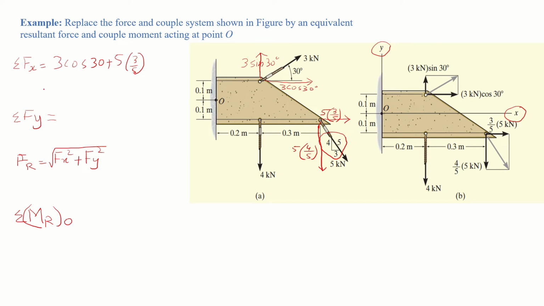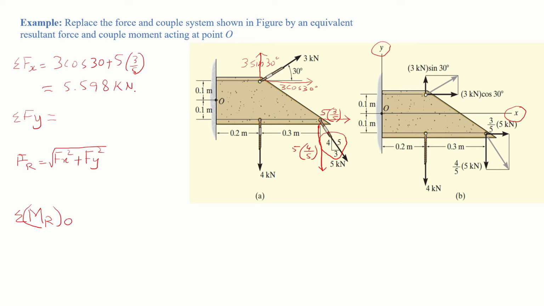Then we sum up these two forces to find the sum of forces in the x direction, which is equal to 5.598 kilonewton.